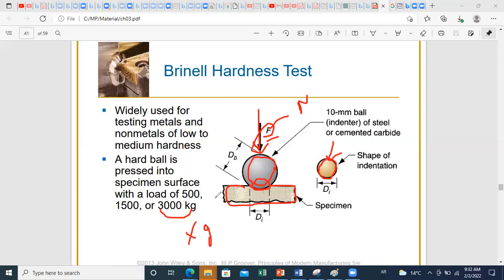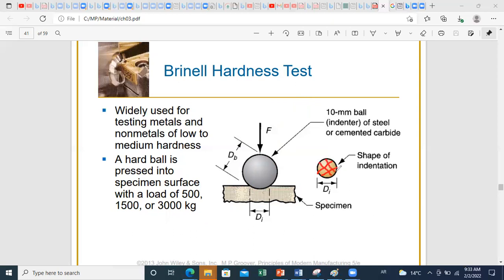Now, under the effect of this applied force, after we remove the ball, we'll have a certain permanent indentation in the specimen. The diameter of this indentation can be a characteristic of the hardness.